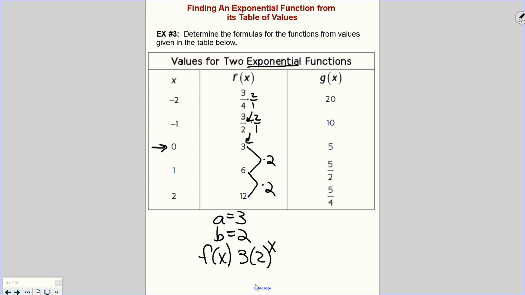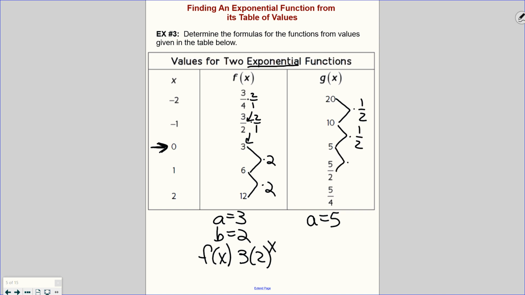So let's look at g. Let's see if we can figure out the pattern here. Again, where x is 0 is going to give you your a. So here a is going to be 5. That's my initial value. And then we're going to look and see what we do to go term to term. Well, here we're multiplying by 1/2, because I have to go in order of left to right with x.